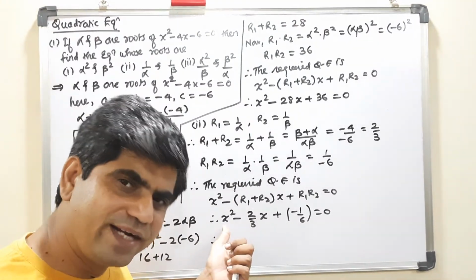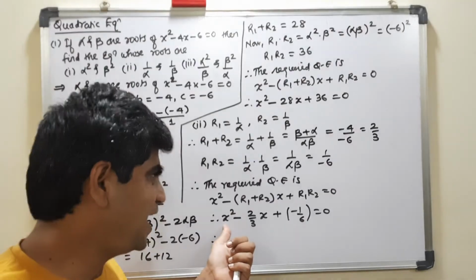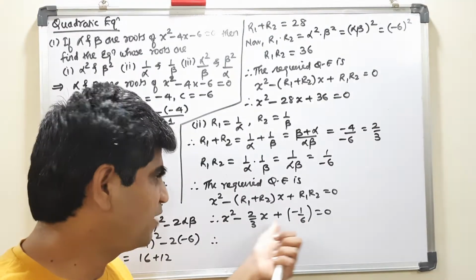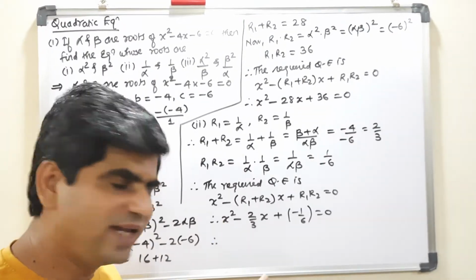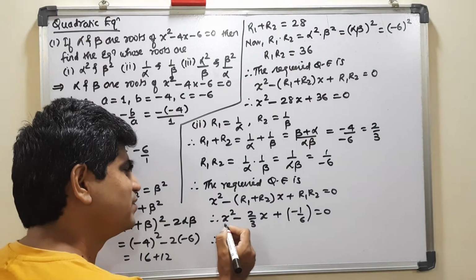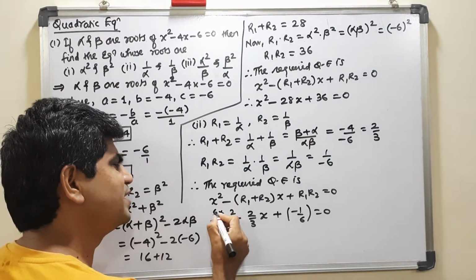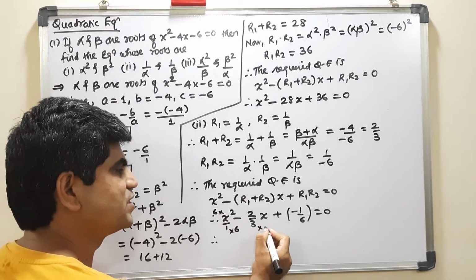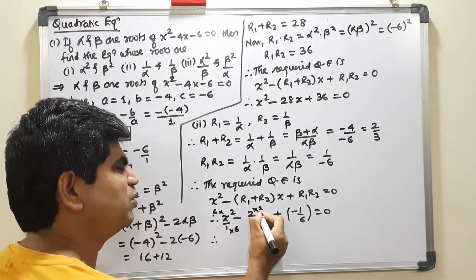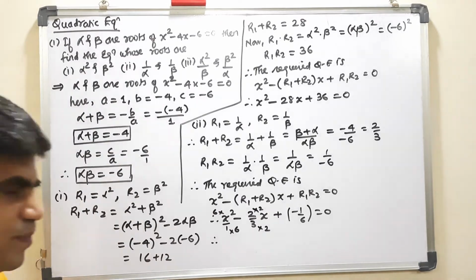So can I make the denominator the same? That is, can I make one particular number for all? So I can make it very easily. Here it is 1, right? So I will multiply it by 6, so it becomes 6. This is multiplied by 2, so that all the denominators become the same.